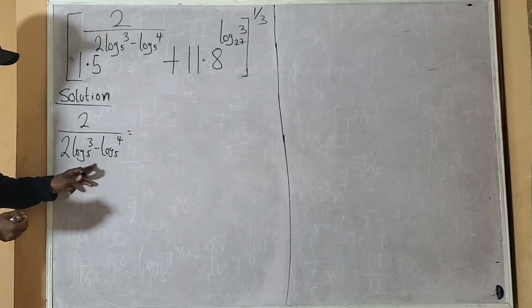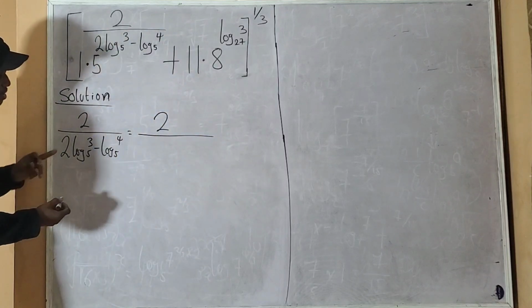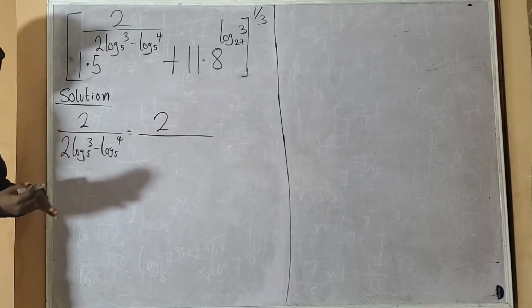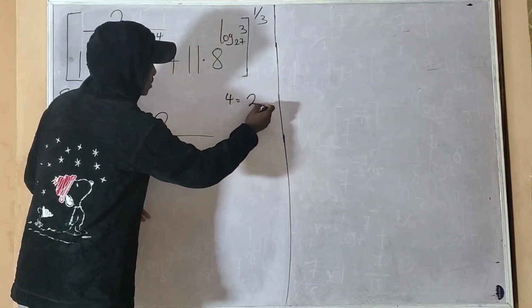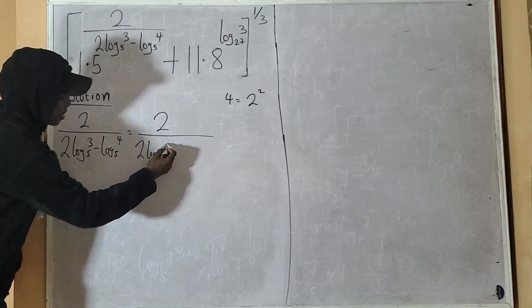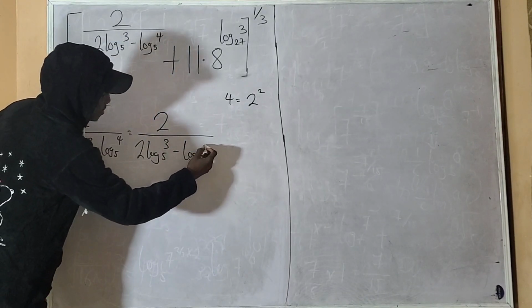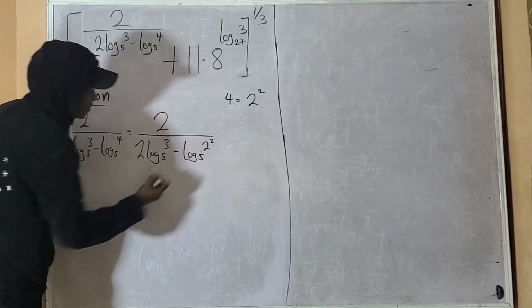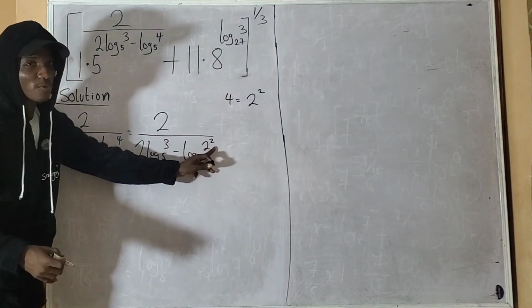Start with the denominator. 4 can be written as 2 raised to the power of 2. So I'm going to have 2 log_5 3 minus log_5 of 2 squared. I rewrite 4 as 2 squared.